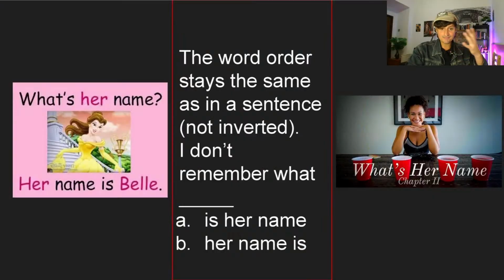Or if you're British, then you say Tuesday. But in America, we say Tuesday. So: I don't remember what her name is. I don't remember what day of the week it is. I don't remember what I need to do. That is an embedded question.